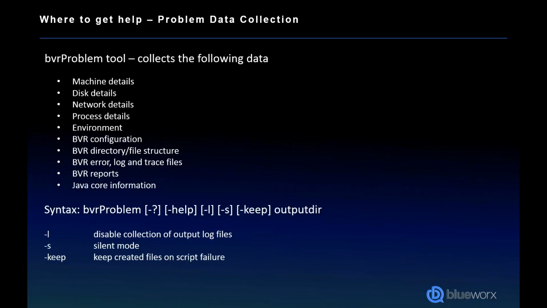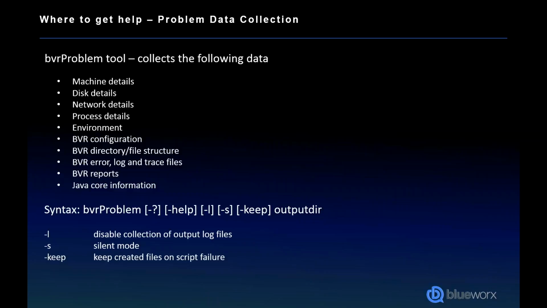And what will be very useful from a support standpoint is the BVR problem tool. This is the primary data that I will look at initially when understanding your system and what's going on in your environment. The syntax is shown there, but in most cases you will not even need to use the -L, -S, or -keep option.